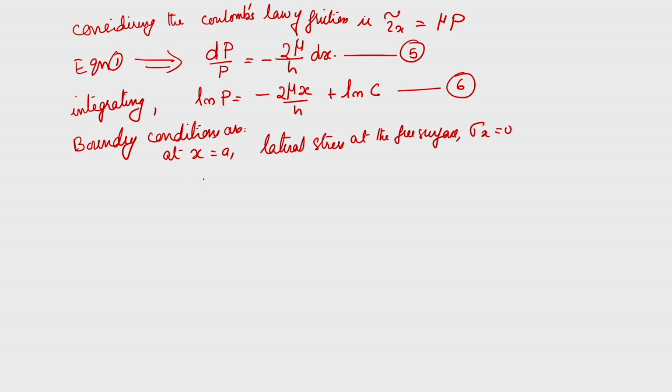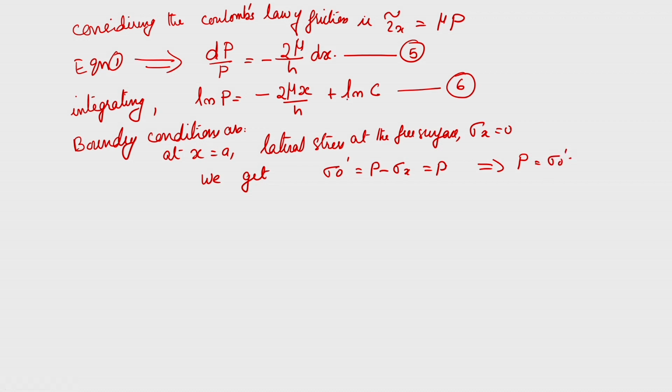From the von Mises criteria which we wrote, sigma 0 dash is equal to p minus sigma x is equal to p, or that is p is equal to sigma 0 dash.